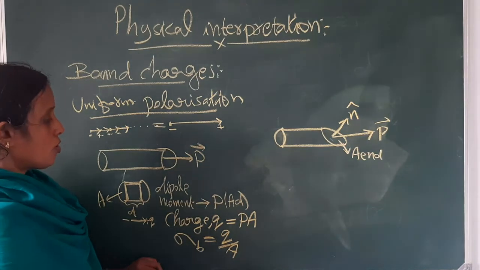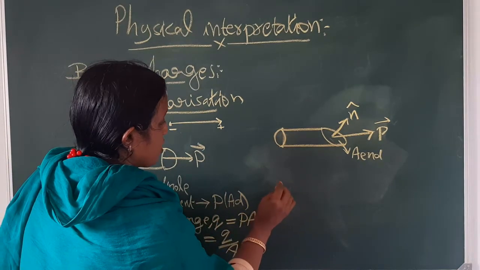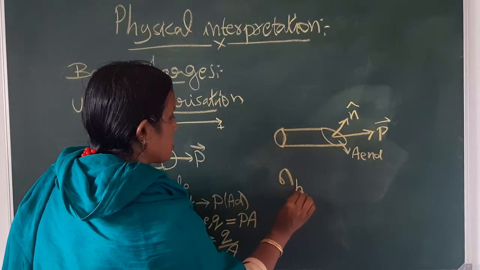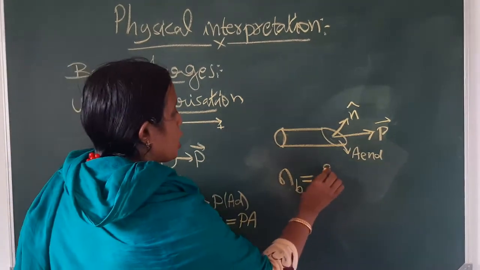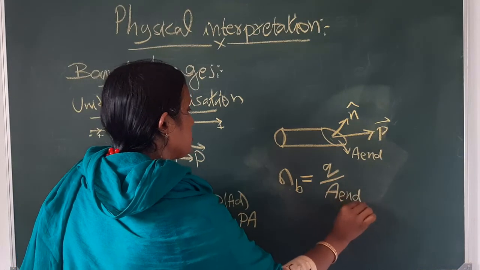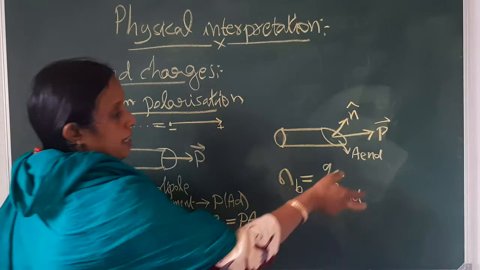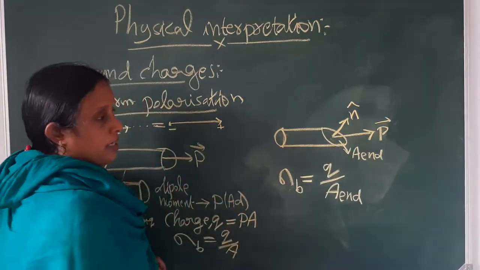Okay, so in this context, the bound surface charge density sigma_b is given by q by A-end. Here A-end means the area vector.